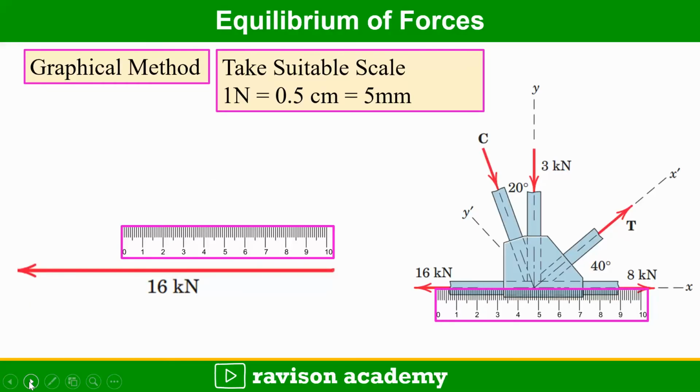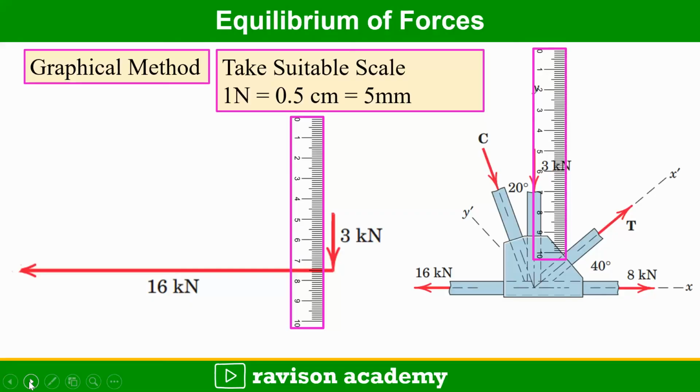Initially, for 16 kilonewton, we draw a line parallel to 16 kilonewton. We can take suitable scale 1 kilonewton as 5 mm. So for 16 kilonewton, we can take 80 mm horizontally to the 16 kilonewton force.